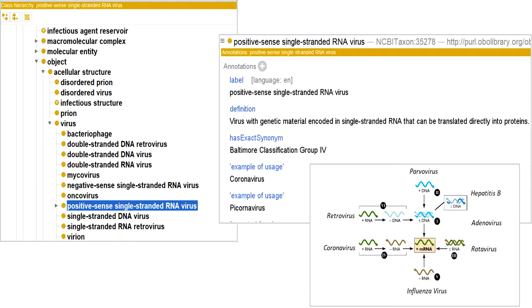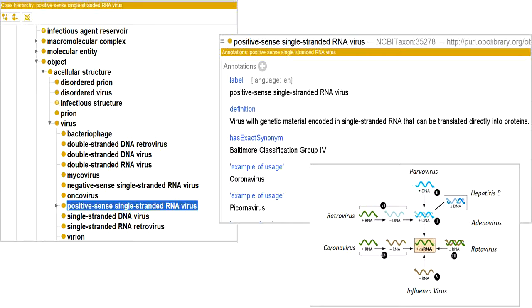As you can see here, this is a representation of VIDO in Protégé. Here are some terms that are associated with the Baltimore classification, which was imported. Fortunately, we were able to pull these terms directly from the NCBI taxon. For instance, double-stranded DNA retrovirus. Over here, this smaller screen with the squiggly lines, this is a textbook description of the information that the Baltimore classification contains.